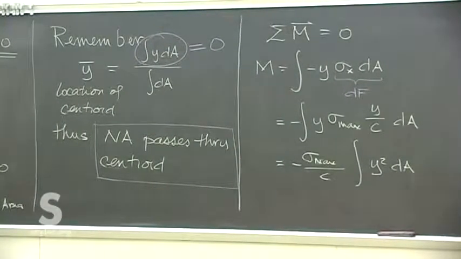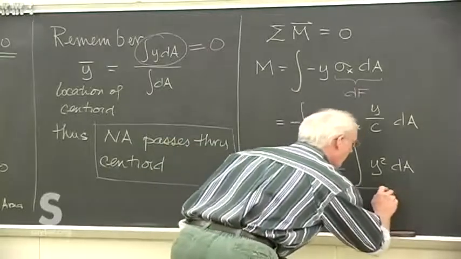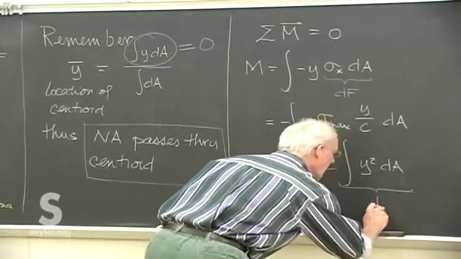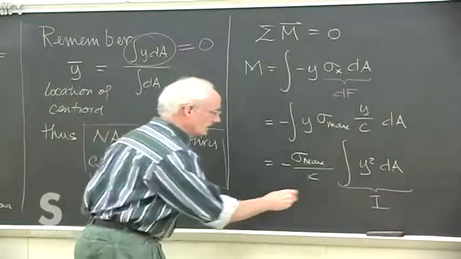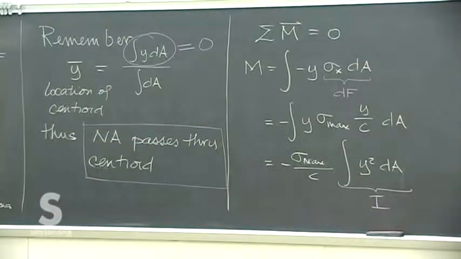Which again should look familiar. This is the second moment of inertia, or that which we typically just call capital I. And we've got lots of those in the book there.